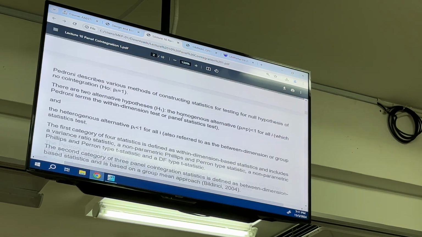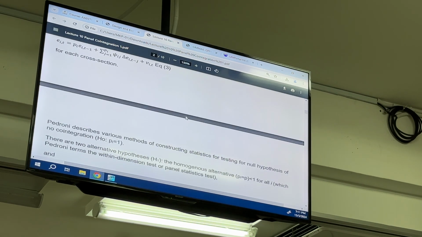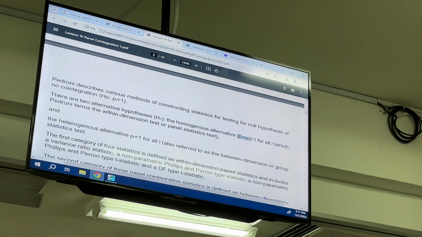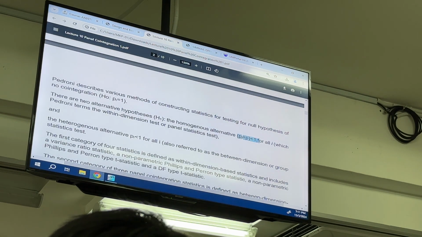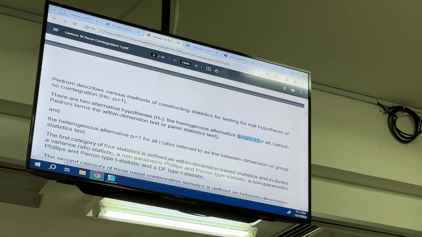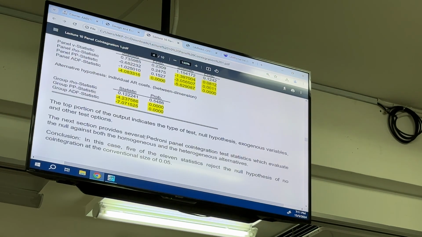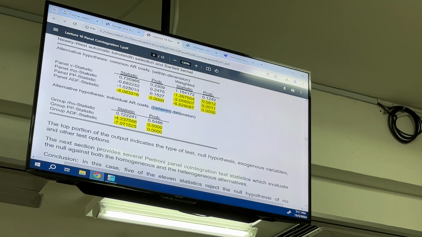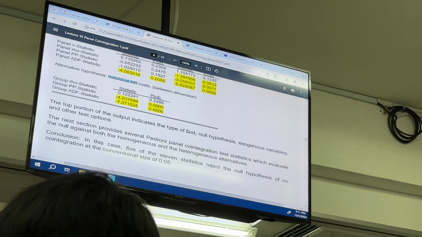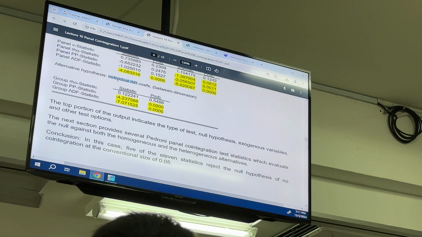But this one is individual, rho_i less than 1, or heterogeneous as the alternative. That's why I call it between, the individual AR. So why do they want to bring out this issue?